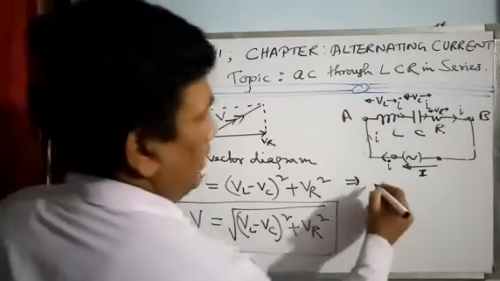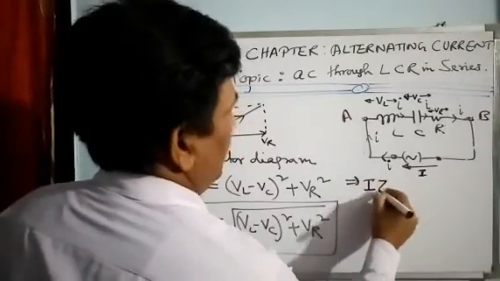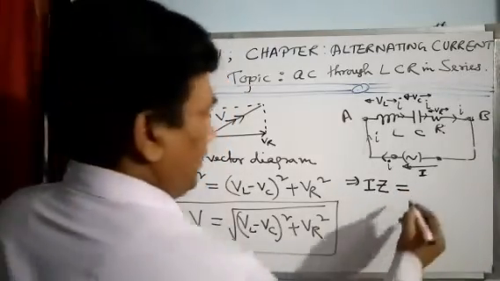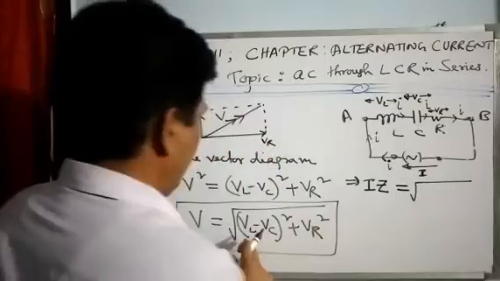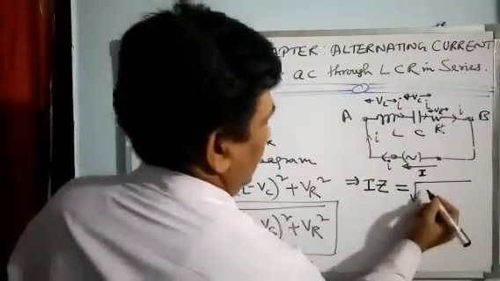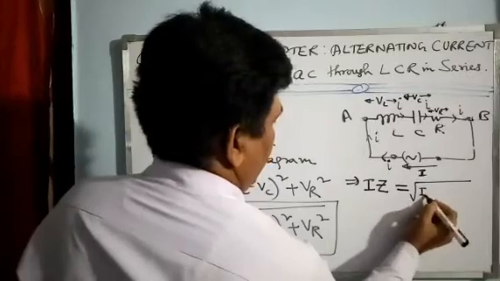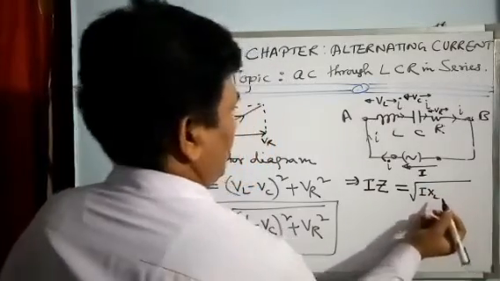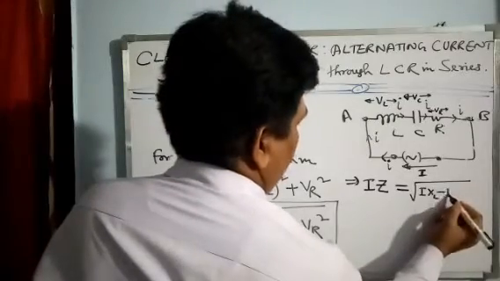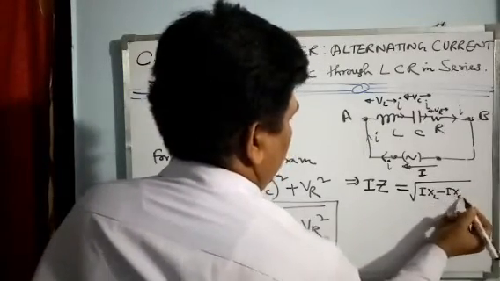Net voltage equals net current into net resistance. Then voltage across inductor is nothing but current into resistance minus voltage across capacitor, means current into resistance.